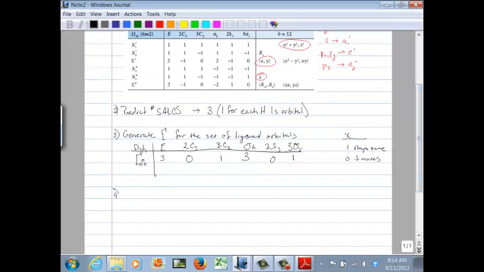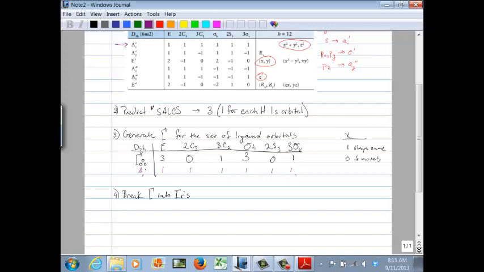Now, we're going to break this down into the irreducible representation. That's the 4th step. Break the reducible into irreducible representations. And again, you can do this by inspection. So if I started with my most symmetric irreducible representation here, which would be A1 prime, 1, 1, 1, 1, 1, 1, then I can try to figure out what these numbers would be.